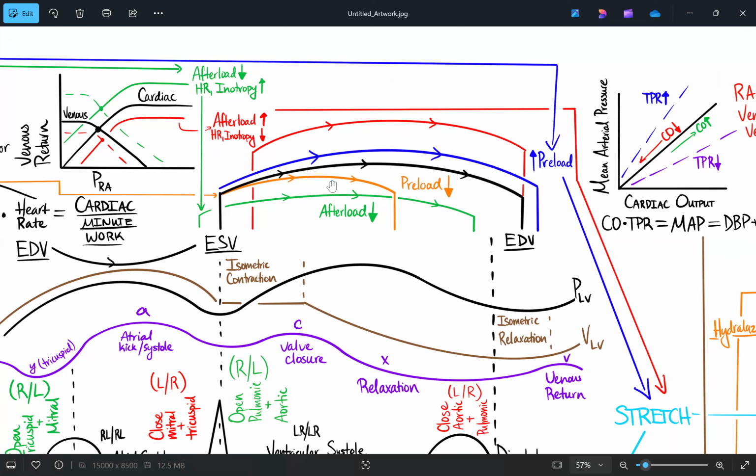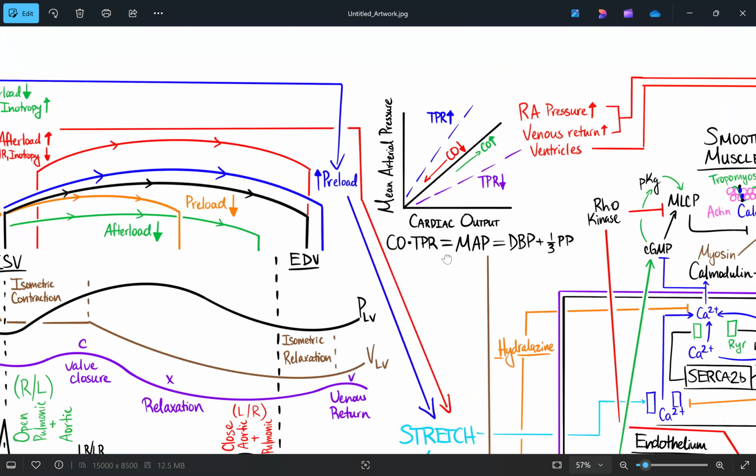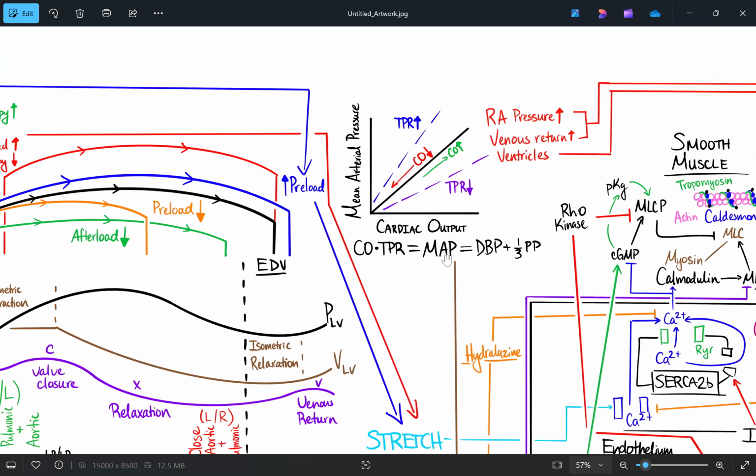Now that we've talked about those changes, if we go to the right just a little bit, we briefly touched on mean arterial pressure. So this small graph is the relationship between cardiac output and mean arterial pressure. The more cardiac output you have, the more you pump along that line going to the right, the higher your arterial pressure is going to be.